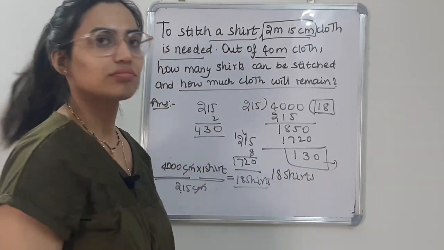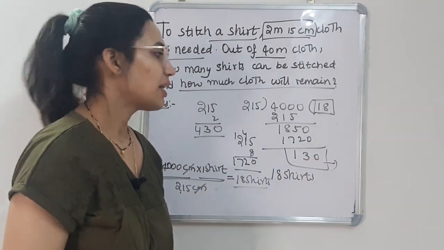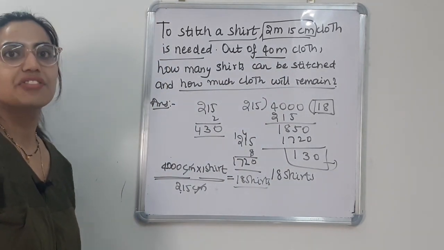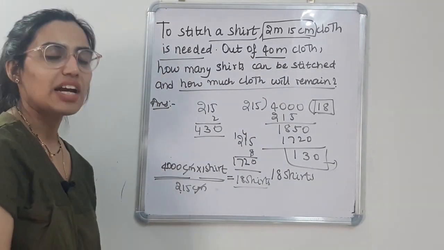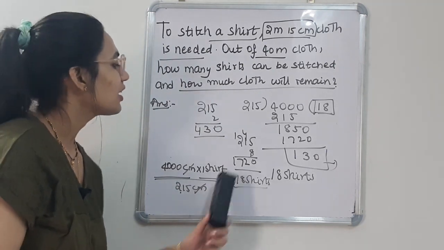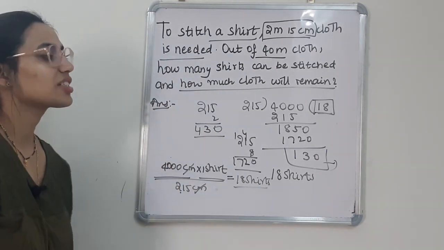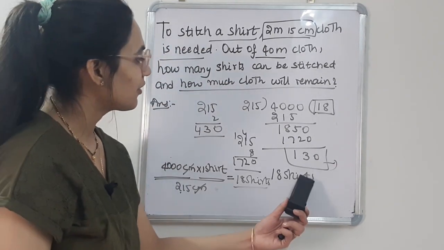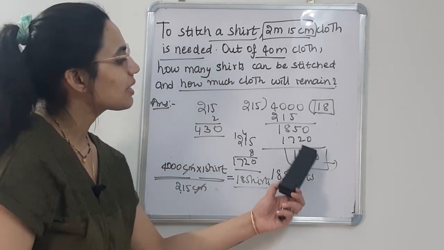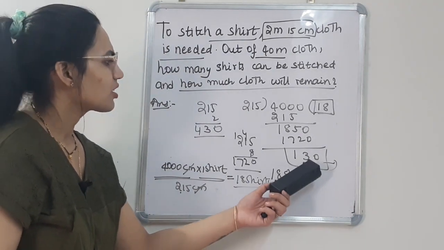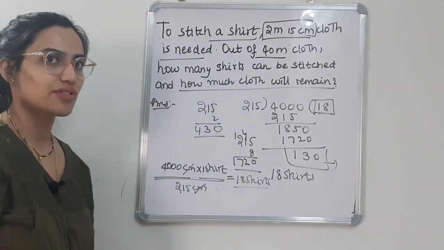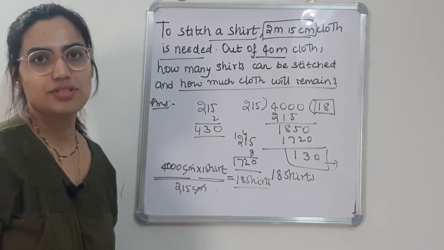How much cloth will remain is nothing but the remainder. Got it? Because we have divided 4000 by 215, we have divided the cloth. We have cancelled everything, and we are now checking how many shirts can be stitched using this much cloth. And that is nothing but 18 full shirts, but there is some cloth left, and we can't stitch one full shirt with 130 centimeters. We need 215 centimeters, right?